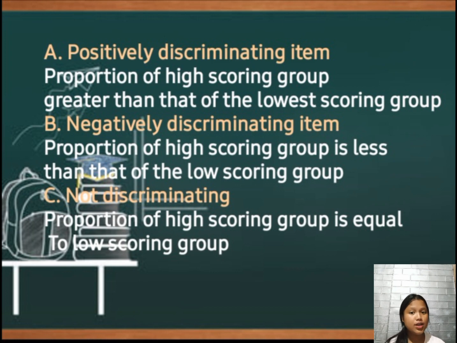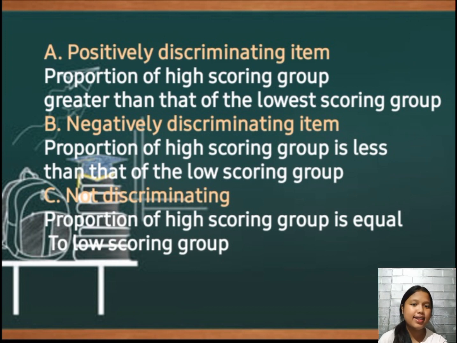In other words, it is an item that has a positive discrimination index, indicating that the students who perform well on the item also tend to perform well on the overall test, while those who perform poorly tend to have lower overall test scores.